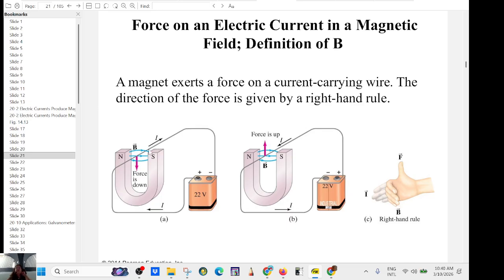So if you have a current inside a magnetic field, you're going to have a magnetic force because both magnetic fields will interact with each other. So the wire, the moving charge, will be acted upon by a magnetic force, but that force will not accelerate the charge, it will deflect it. So if you have a moving charge inside the magnetic field, it's going to be deflected.